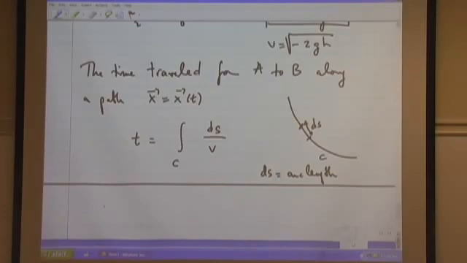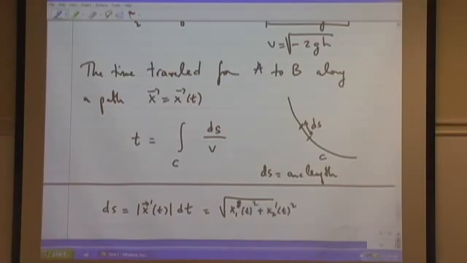Well, how it's done is basically ds is replaced by the length of the velocity of the position. So this is the square root of x1 prime squared plus x2 prime squared.